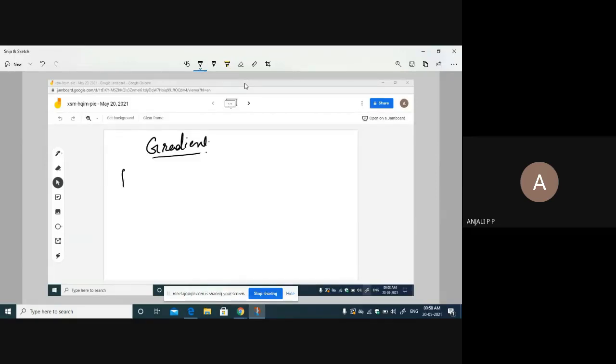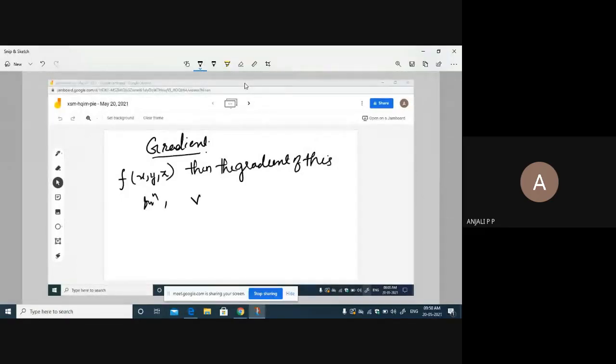Let f be a function of x, y, and z. Then the gradient of this function is del f.